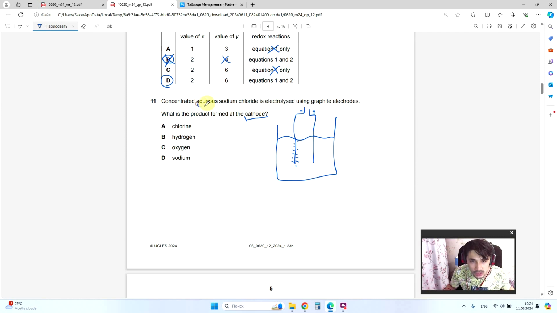Aqueous sodium chloride can contain sodium cations and a tiny amount of hydrogen ions that are produced when water dissociates into hydrogen ion and hydroxide ion. But this happens with a very small amount of ions in water, and you need to pick one of the ions that is going to be discharged.